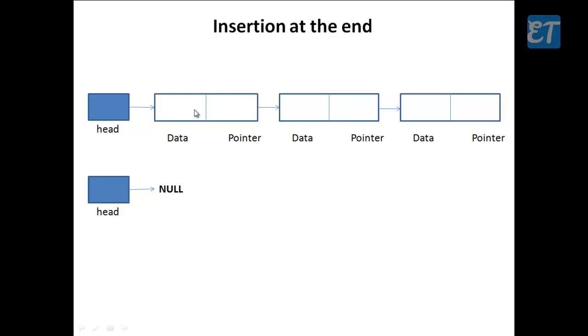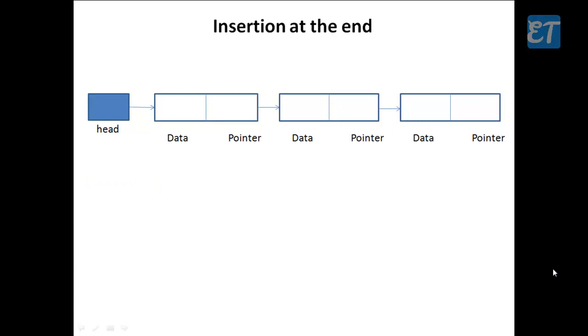Head is pointing to the first node, and we need to find the last node and then attach the new node to this last node. Another case is there are no nodes in the linked list. That means the head is pointing to null, and in this case it is very easy to attach a node as an end node. Just copy the address of the new node and assign it to the head.